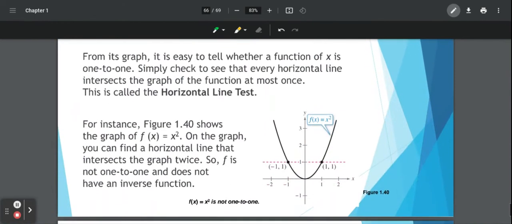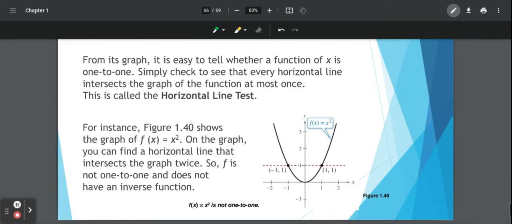So if you look at this graph right here, and we wanted to decide if this was a one-to-one function, if we were to draw a horizontal line through right here, we would see that it passes through the graph twice.